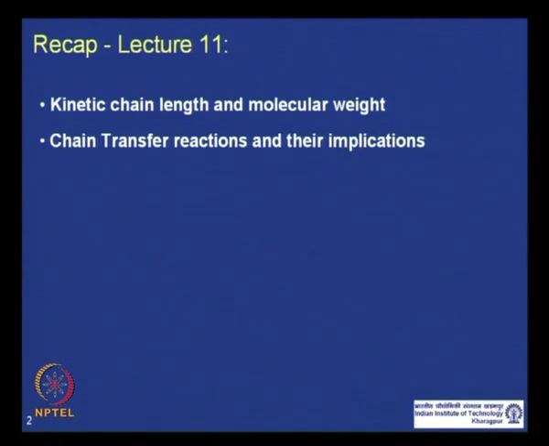In the last lecture we introduced different types of chain reactions possible, and we also convinced ourselves that if there is a chain transfer reaction, except if the chain transfer is by the reaction with a dead polymer chain, in all other cases if the chain transfer happens, then molecular weight comes down.